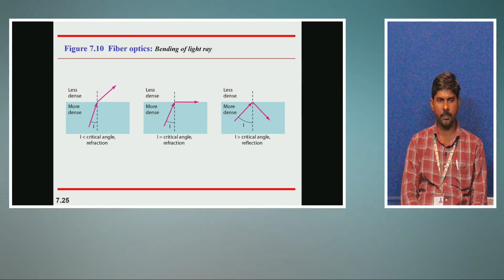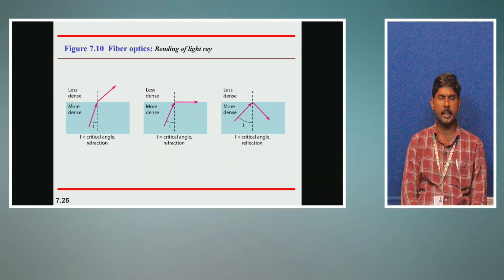That is decided by the angles: in the first category, the incident angle is less than the critical angle, where the first medium is denser and the second medium is less dense. The second category is where the incident angle equals the critical angle, and the third is where the incident angle is greater than the critical angle.